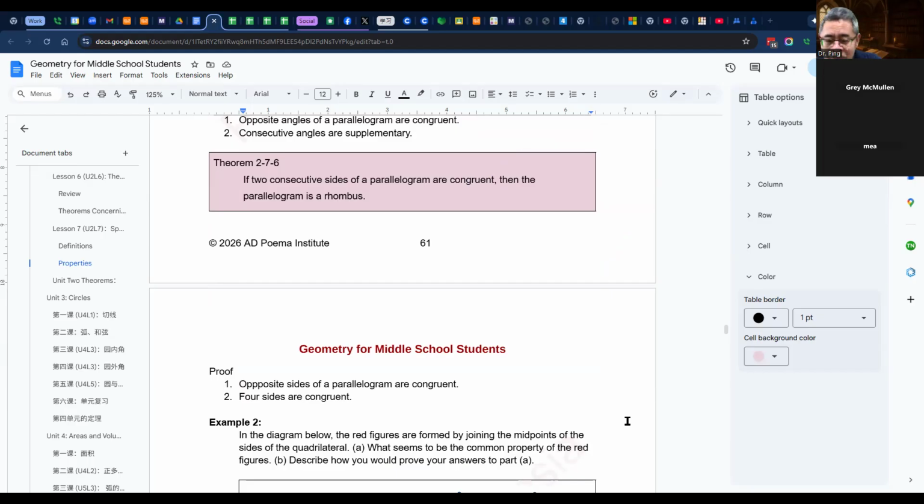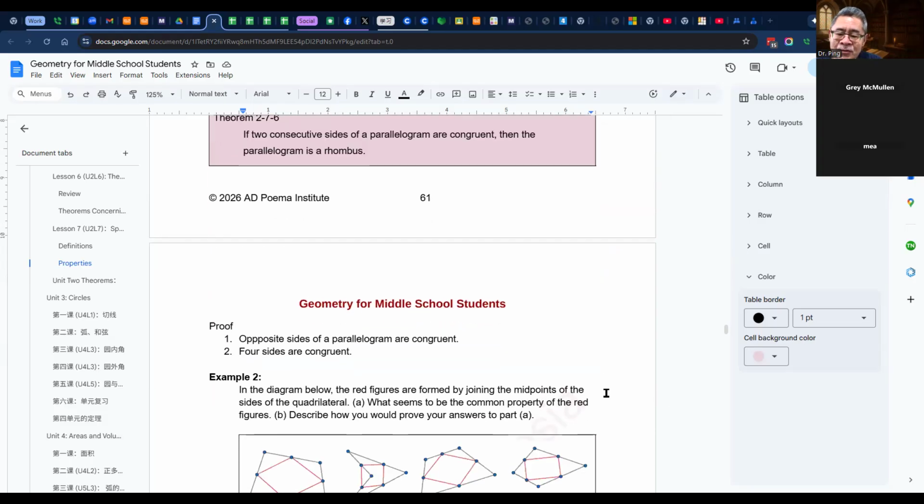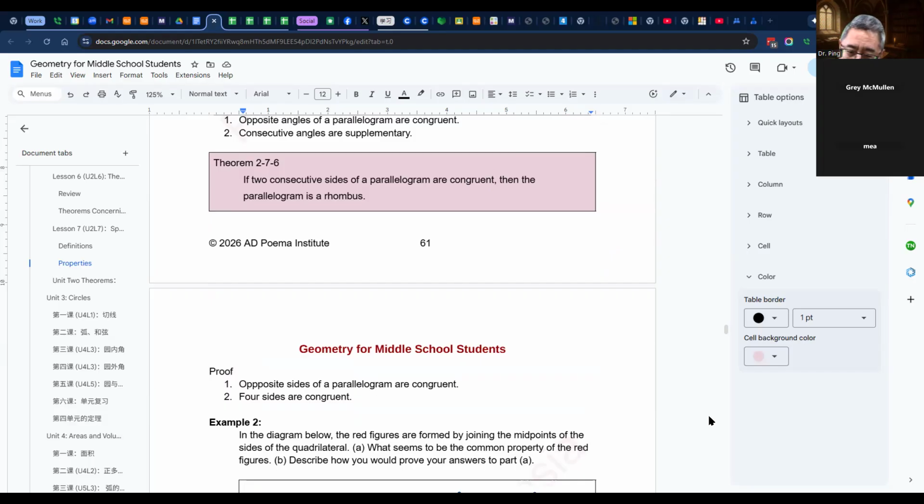All right, now we're looking at theorem 7-2-7-6. If two consecutive sides of a parallelogram are congruent, then the parallelogram is a rhombus. So we've got the parallelogram here. We know this is parallel, this is parallel.